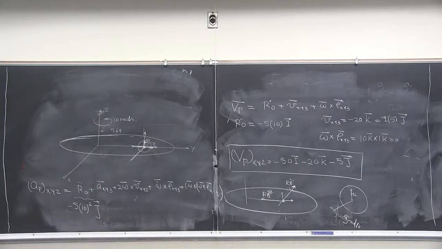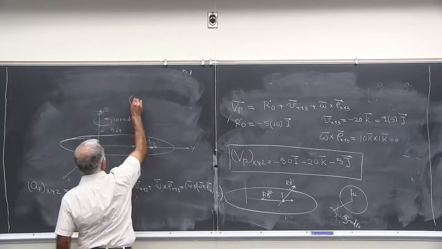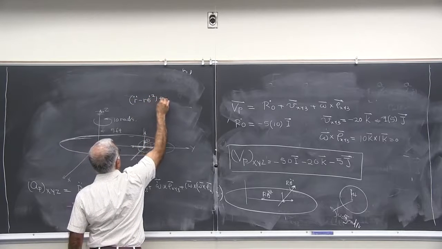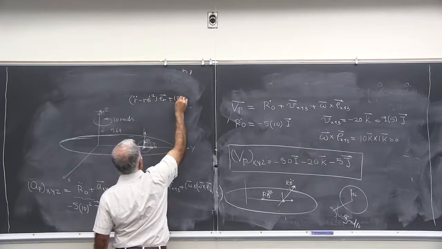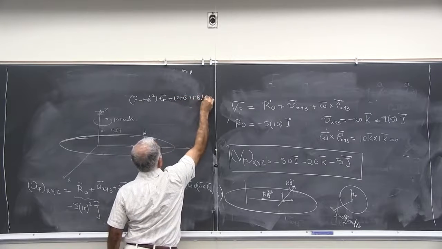So according to the cylindrical coordinate system, I have r double dot minus r theta dot square, er, plus 2r dot theta dot plus r theta double dot e theta.